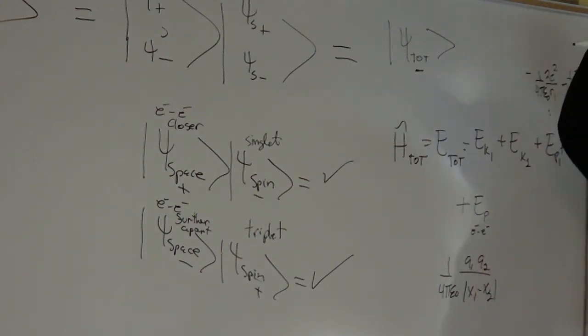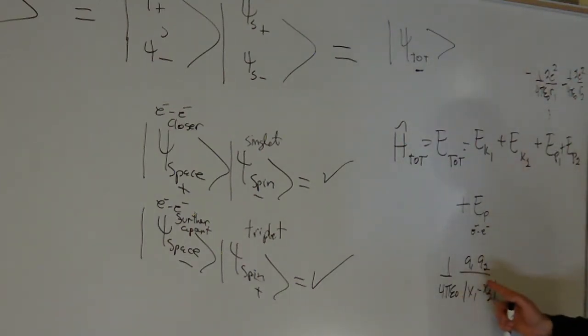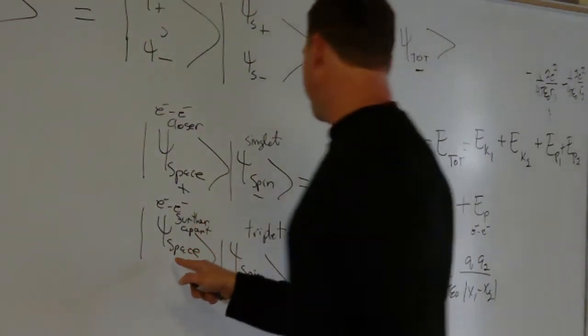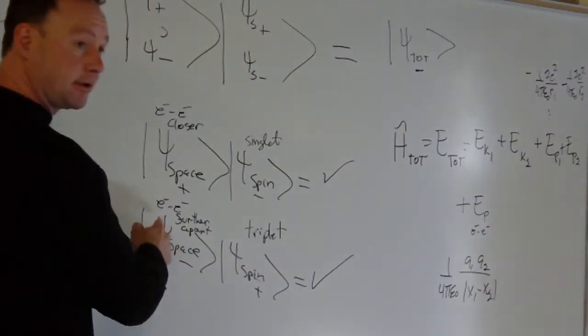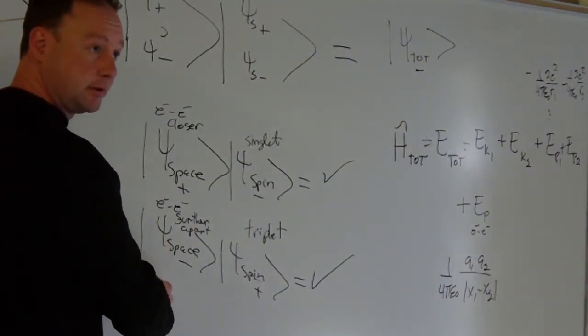Right now, we want to keep the positive energy as small as possible. So to keep the positive energy as small as possible, we want this to be as big as possible. Which one keeps the electrons further apart? The negative space one.